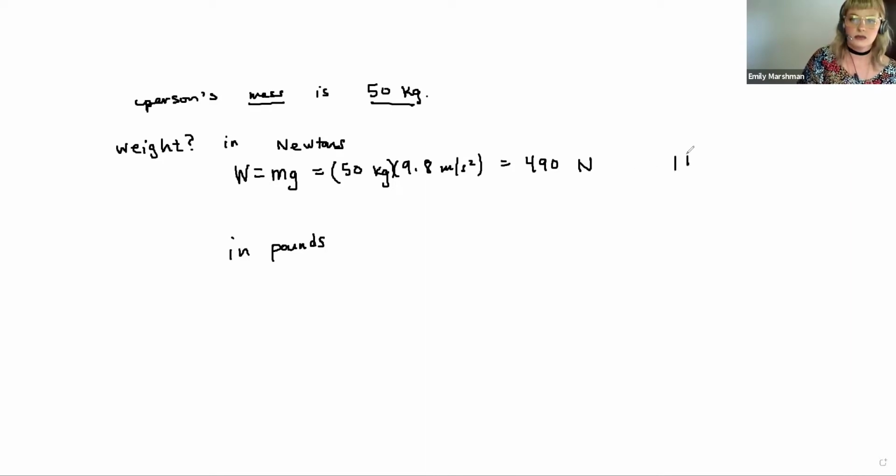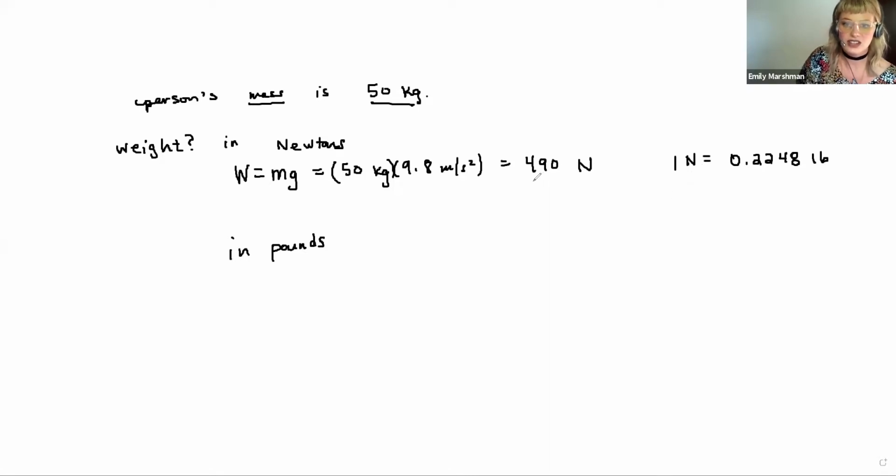So 1 newton is equal to 0.2248 pound. So a newton of force is about a quarter of a pound. So think about when you go to the deli, quarter pound of ham. That's 1 newton, not very much.